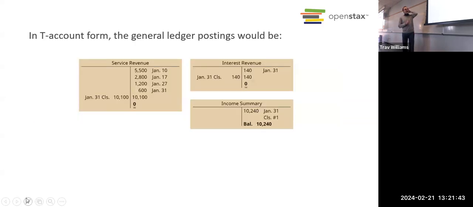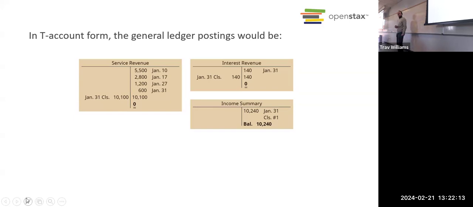Oh, here we see the ledger now. Before we closed out the service revenue account, these were all the credits from all the sales that had been made, and they totaled up to this $10,100 credit balance in service revenue. But remember, we just debited the same amount, and so now the balance is 0.